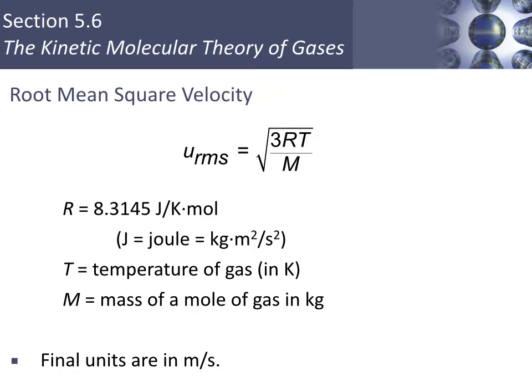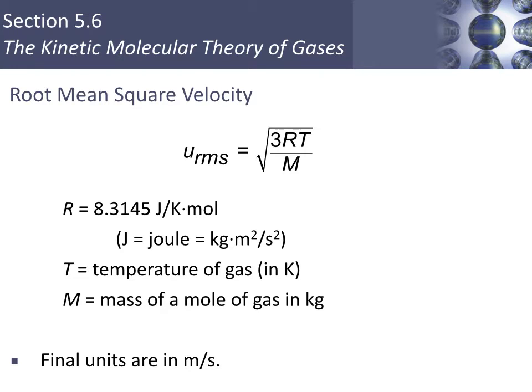Another thing to mention here is this equation for what is considered the root mean square velocity. Essentially, this is the velocity of the gas particles, but because gas particles move in all different directions, we look at the root mean square. So the root mean square velocity is going to equal the square root of 3RT over the molar mass, and the R value that we use here is 8.3145.